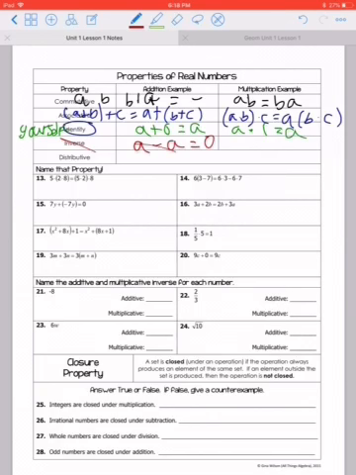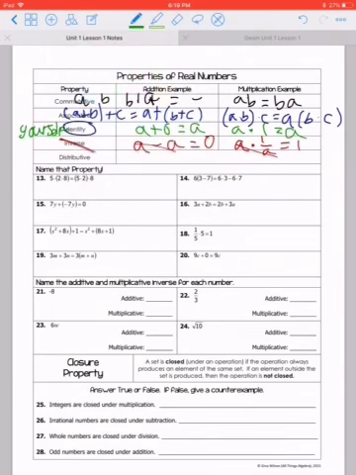Multiplication, that would be multiplying by the reciprocal. So if I was simplifying that, those A's would cross out and we would get 1. And I'm just overemphasizing the crossing out because that tells me I am doing the inverse property.